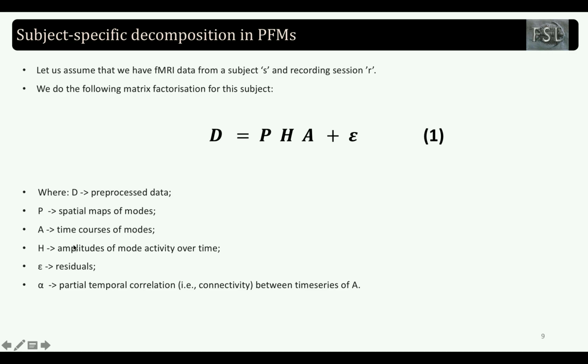So how strongly the activity of a mode would fluctuate over time. We also have an epsilon that captures the residuals of our model. Therefore, our aim is to estimate this decomposition as accurately as possible for every individual in the population. However, this does not have an analytical solution.